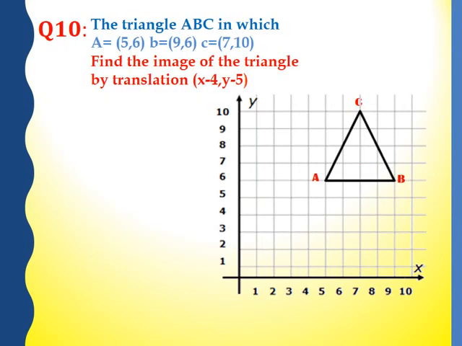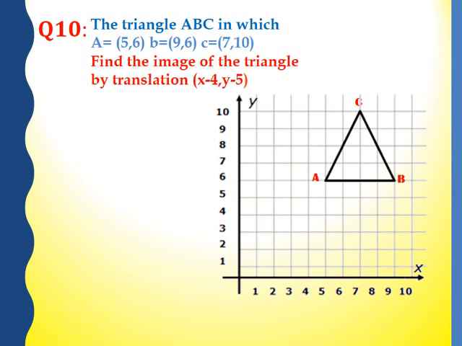The triangle ABC, in which A is (5, 6), B is (9, 6), and C is (7, 10). I need to find the image of this triangle by the translation x minus 4 and y minus 5.